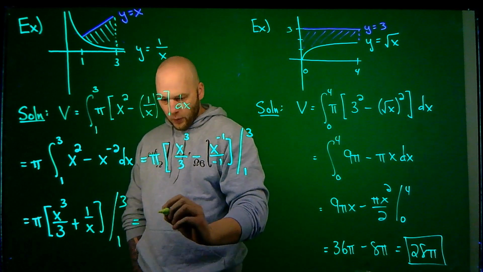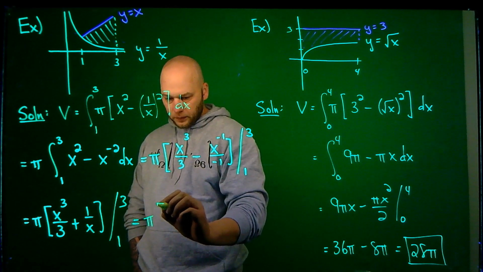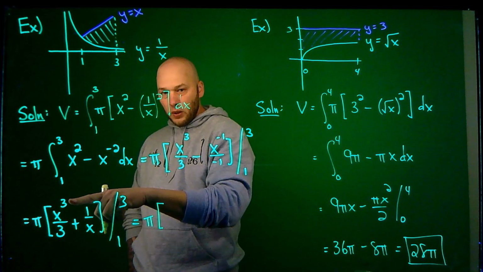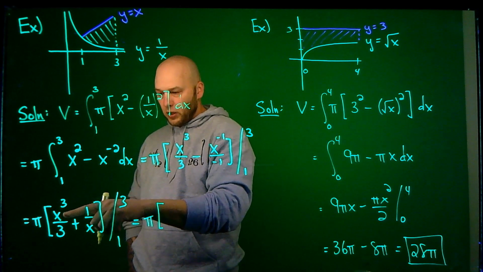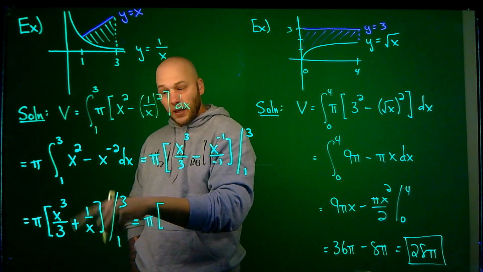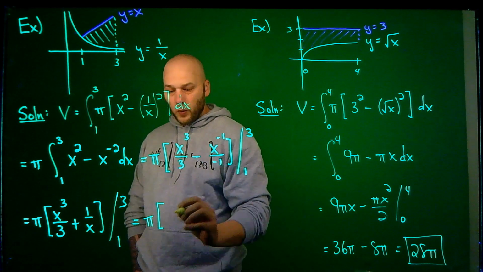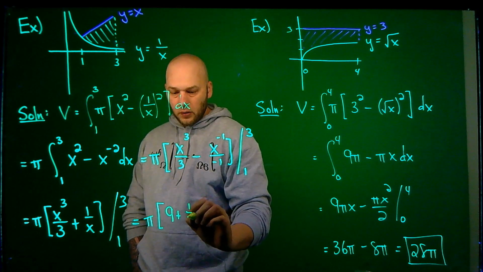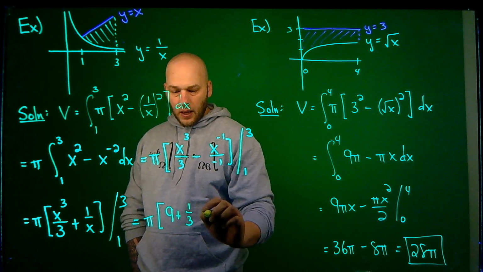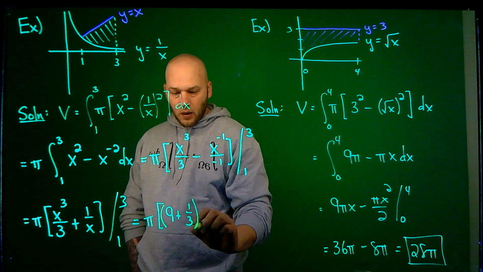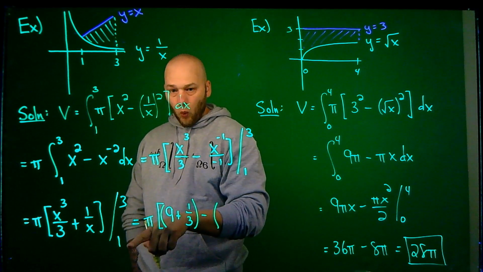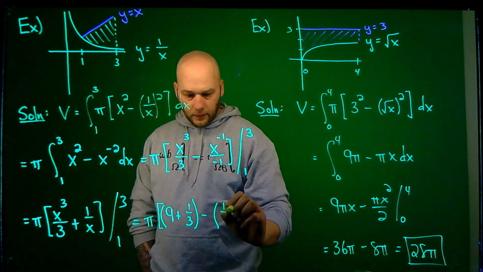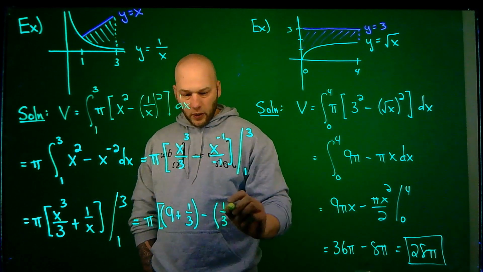Okay, I would get pi times, if I plug in 3, 3 cubed. Of course, it's 27, but let's think of it as 3 cubed over 3 because a factor of 3 cancels, giving me 3 squared, which is 9, plus 1/3. And then it'd be that minus, if I plug in 1, I'm going to get 1/3 plus 1.